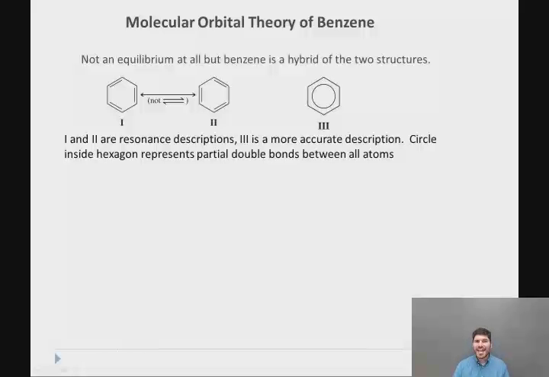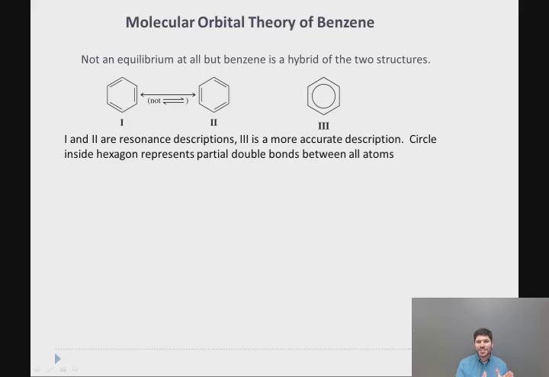Okay, just like in the case of conjugated dienes, molecular orbital theory gives us a good explanation for the structure and bonding of benzene. Just to refresh your memory, despite the original theory that the two potential structures of benzene, the two Kekulé structures, are in equilibrium, they are not equilibria at all.